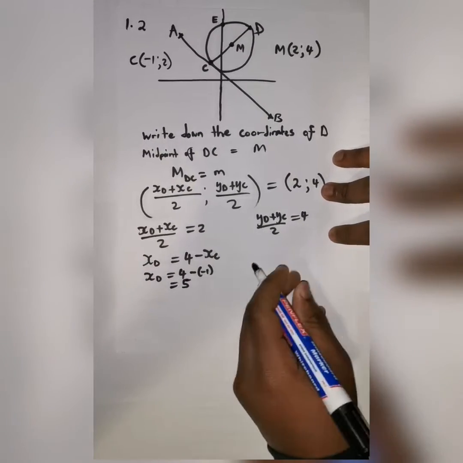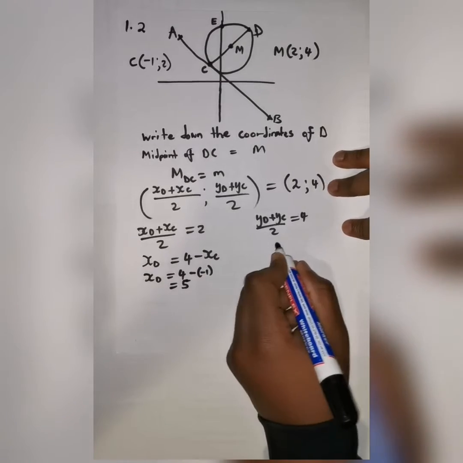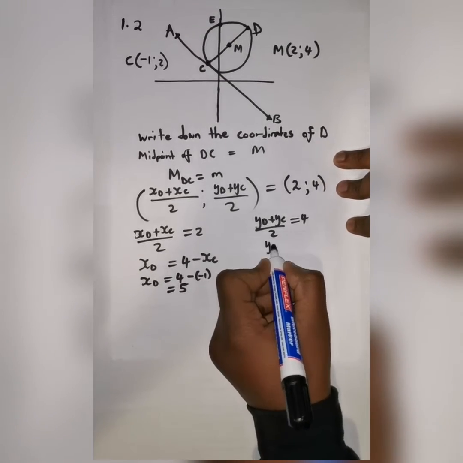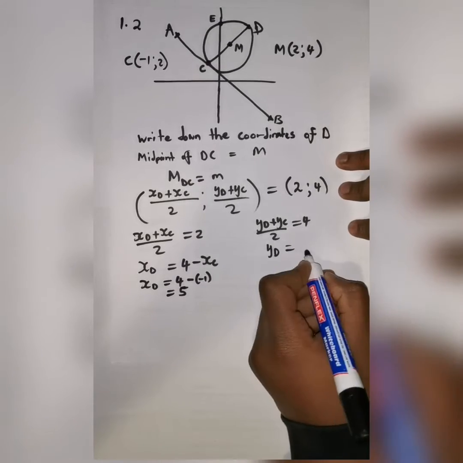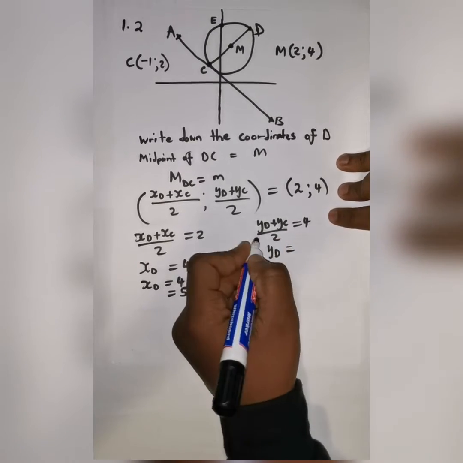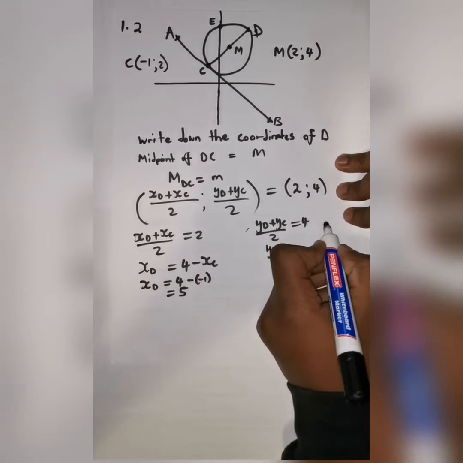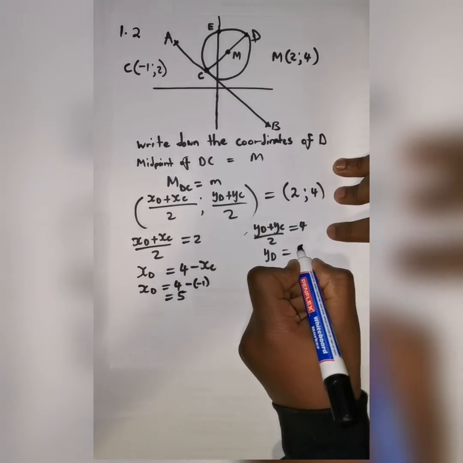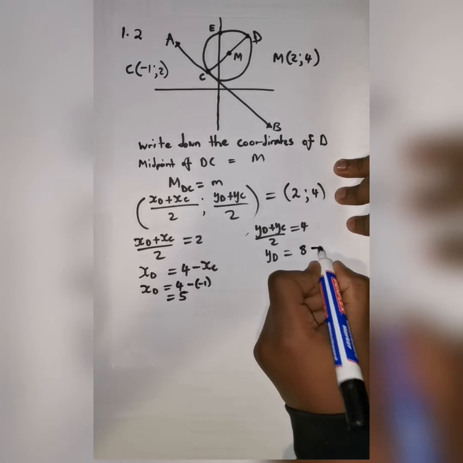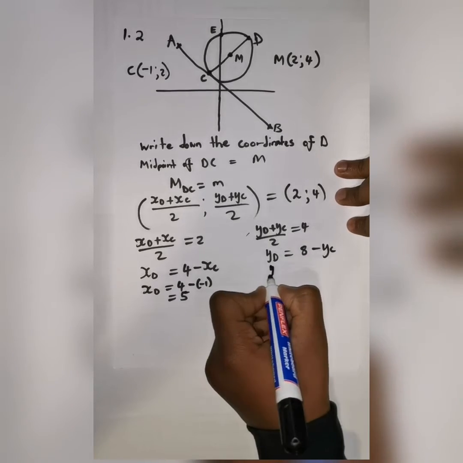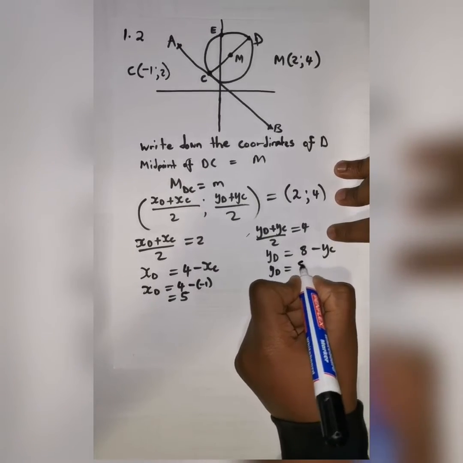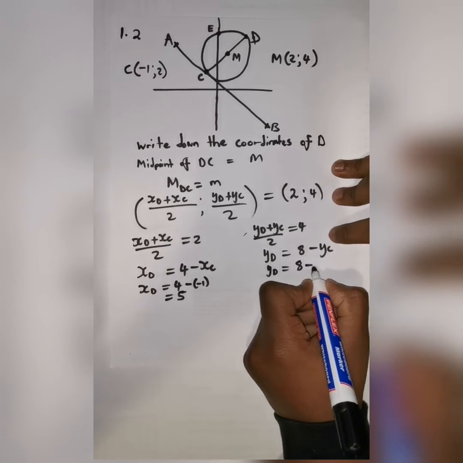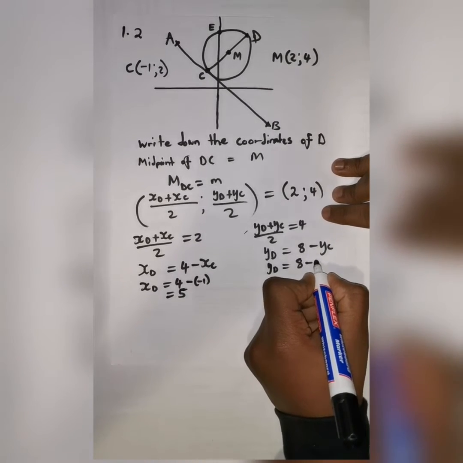Then we come to the y coordinate. 2 times 4, when we cancel it out, it's going to be times 2. What you do on the left, you do on the right, so it's going to be 8 minus y of C. Y of C is 2.